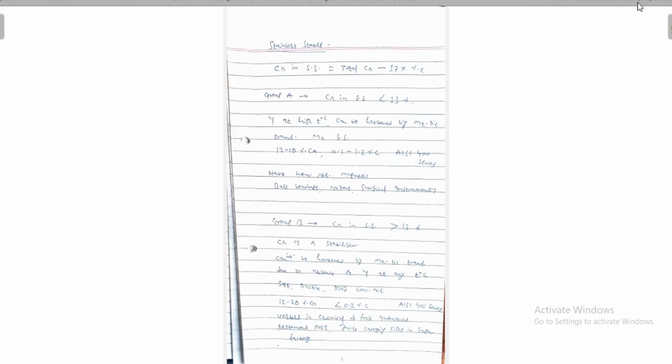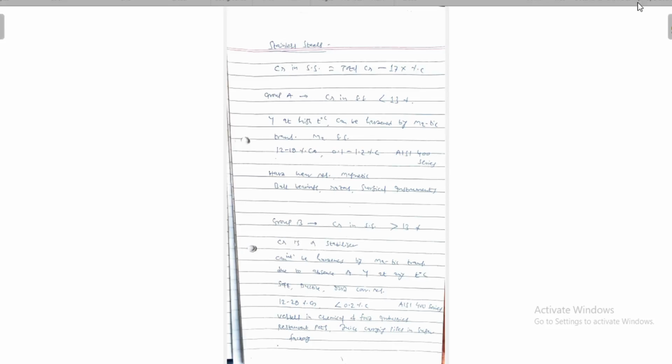So at high temperature, austenite will be obtained in such type of steel, and when they are cooled at a moderate rate, because of the high amount of chromium content, the hardenability will be more. So even by oil cooling, we can convert austenite into martensite. So finally, at room temperature, martensite will be obtained in the microstructure, and martensite is hard in nature.